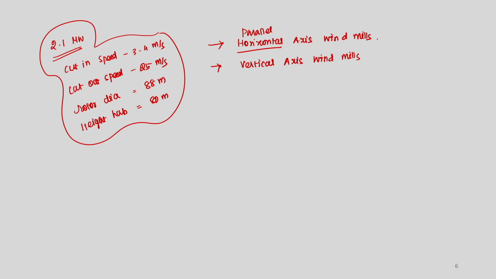Why is it so? Here it faces the direction of the wind. But unlike parallel axis windmills, vertical axis machines are independent of the direction of the wind.